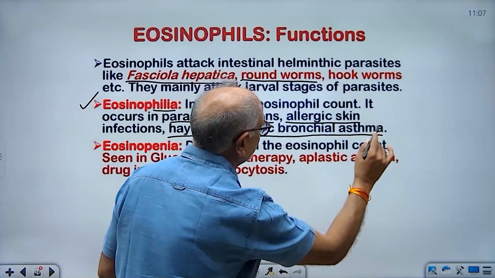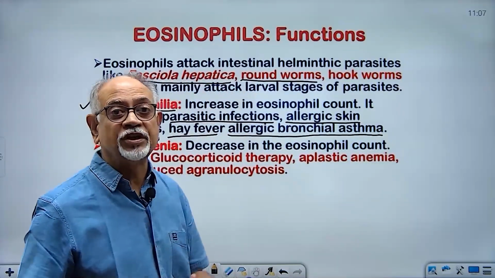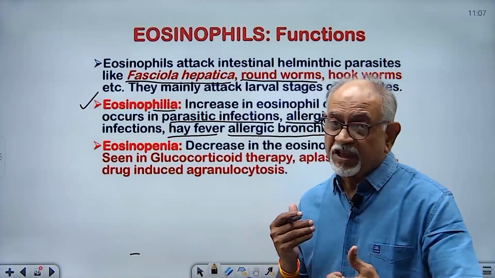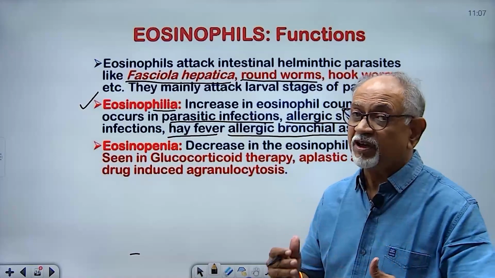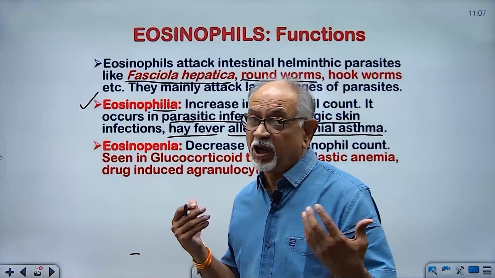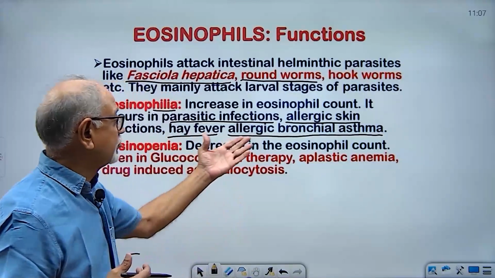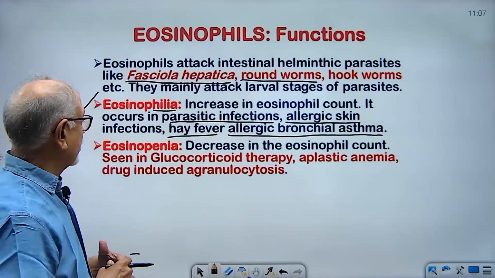As you know, some people are very allergic to pollen grains, and when they especially pass in that season from an area where a lot of flowers are there, lot of plants are there, they get an allergic reaction which is called allergic bronchial asthma.